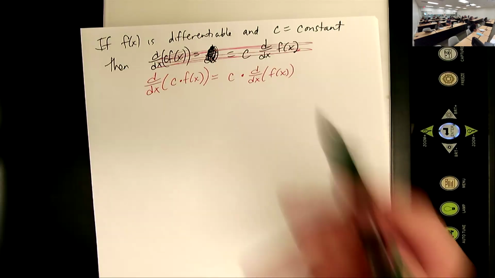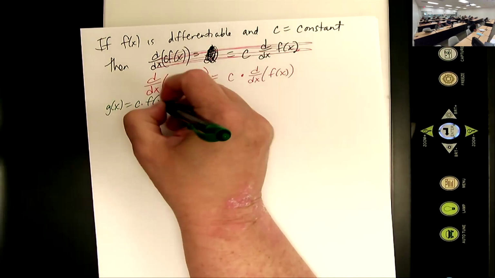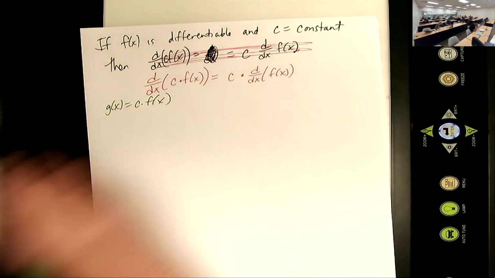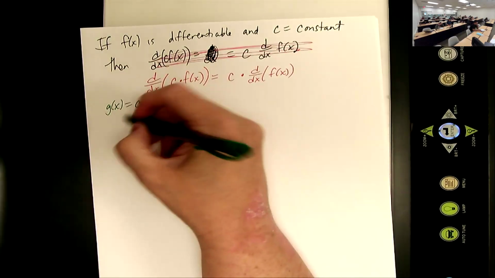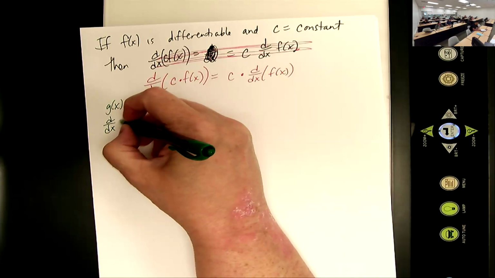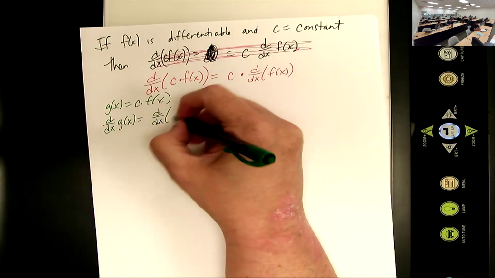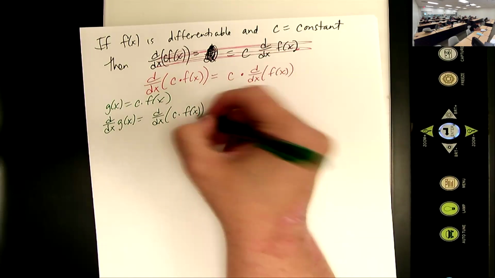You can see this if we just say, let's say g of x equals C times f of x. And we'll do the derivative of g. Derivative of g equals derivative of C times f of x plus h.